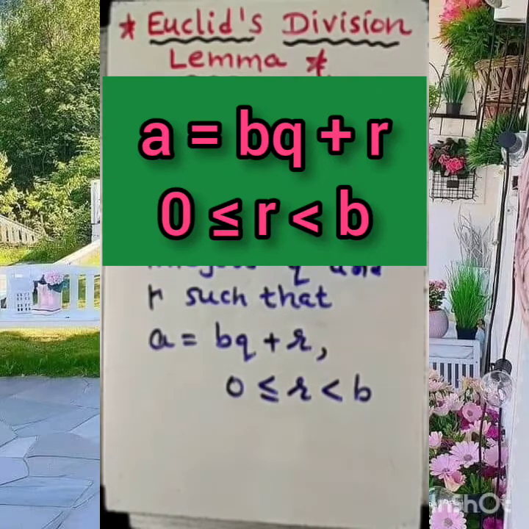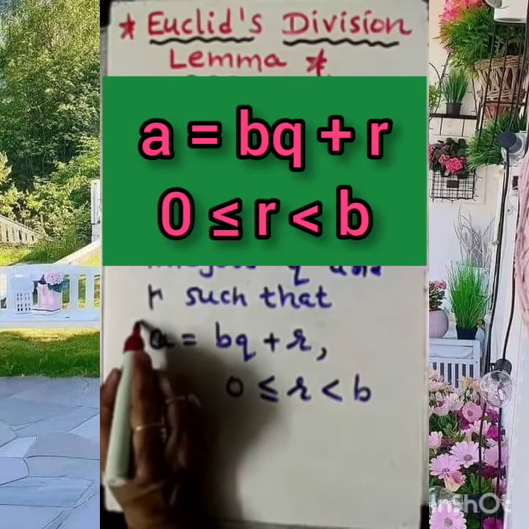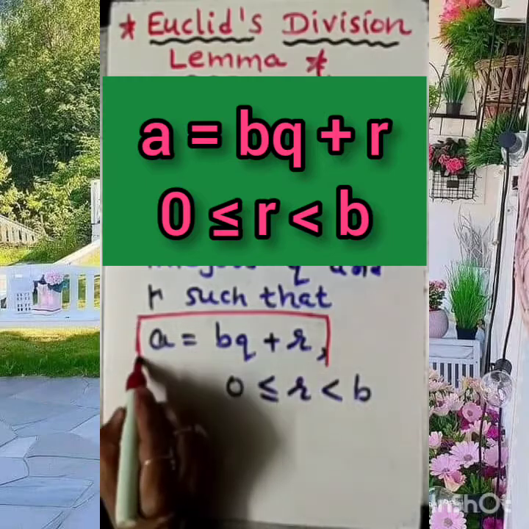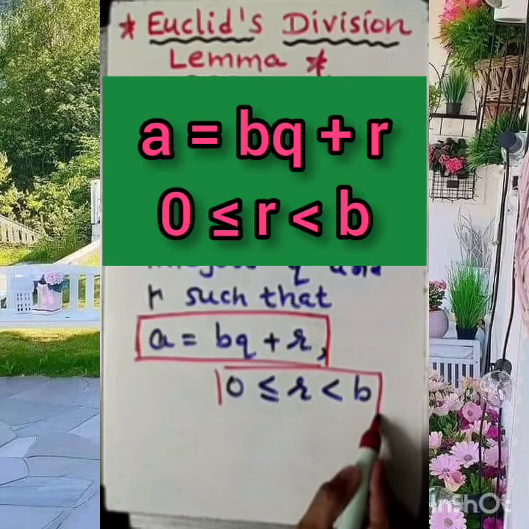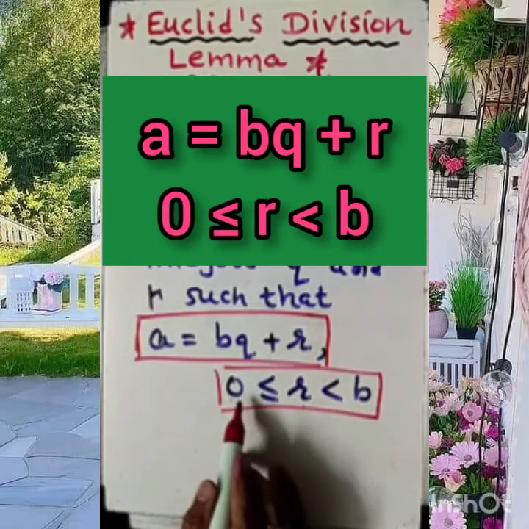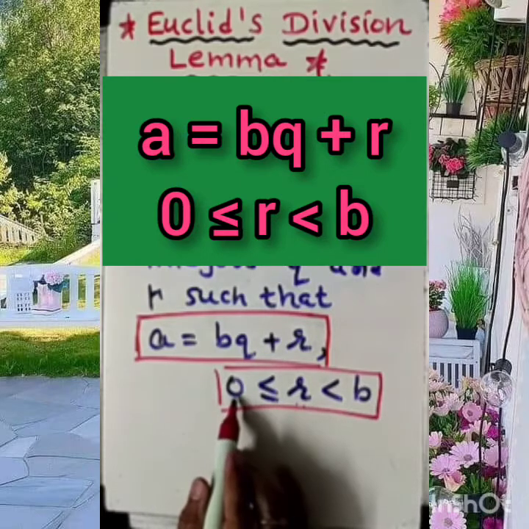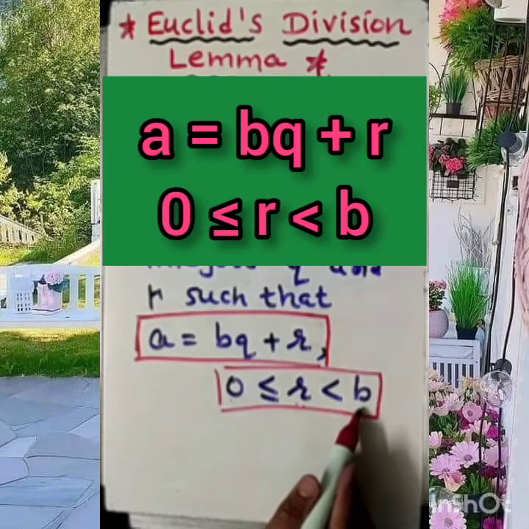Dear student, this is the condition for finding the Euclid's division lemma. Please keep this in mind, a very important result. A equal to BQ plus R. Under this condition, the value of the remainder must be greater than or equal to 0 and less than B. B is the other number.